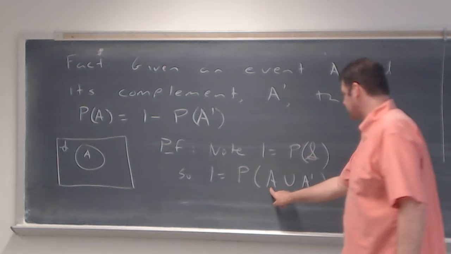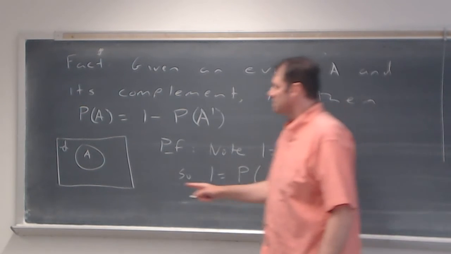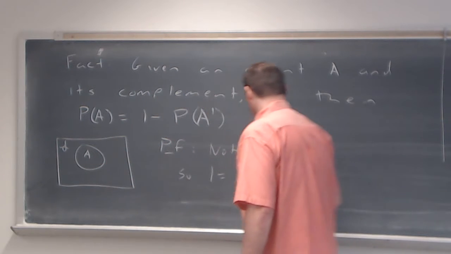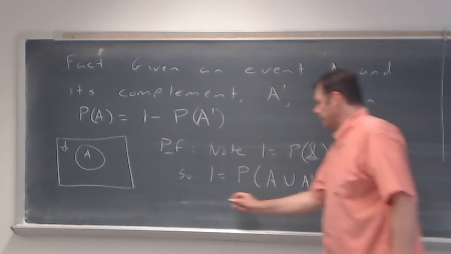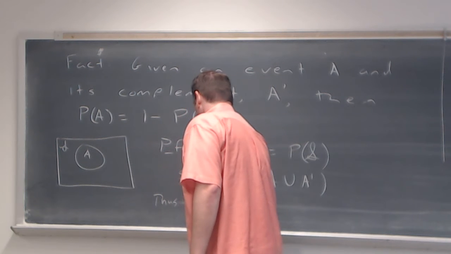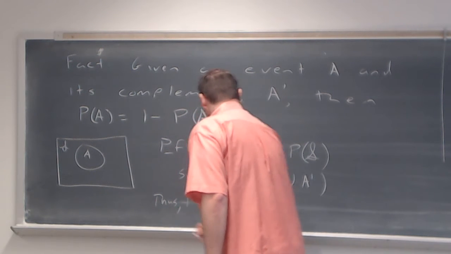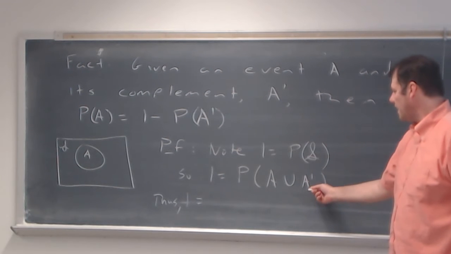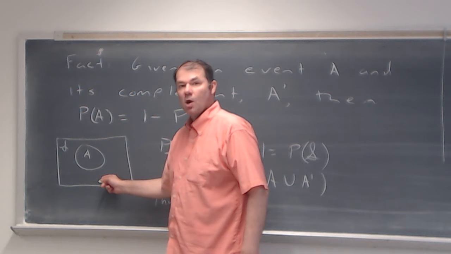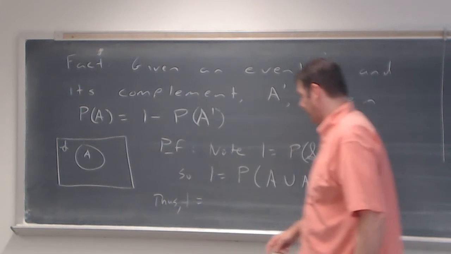The sample space is the same thing as A union A complement: if you take A plus everything outside of A, you get S. Now what there is to notice here is that A and A complement are mutually exclusive events.